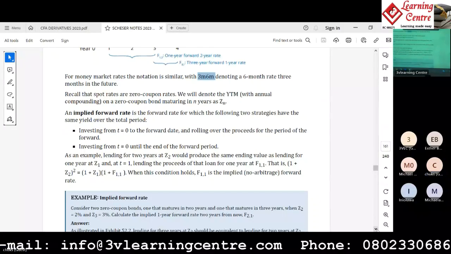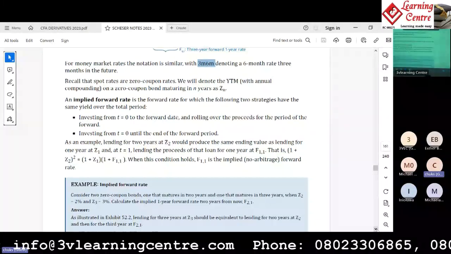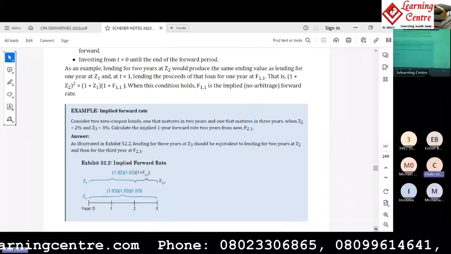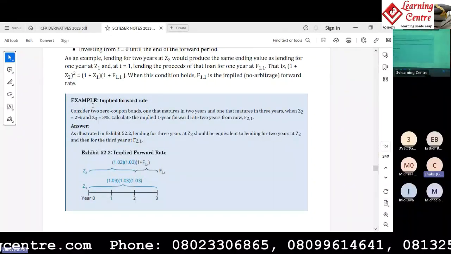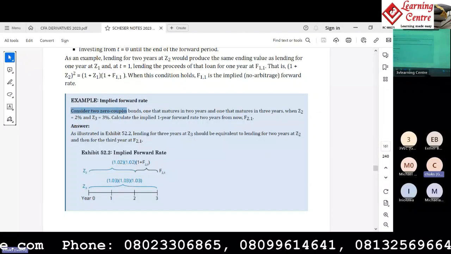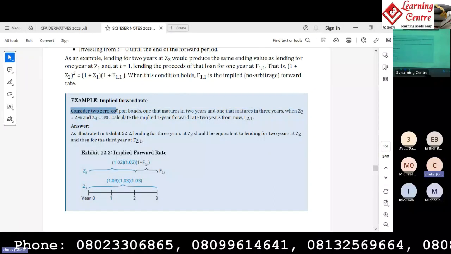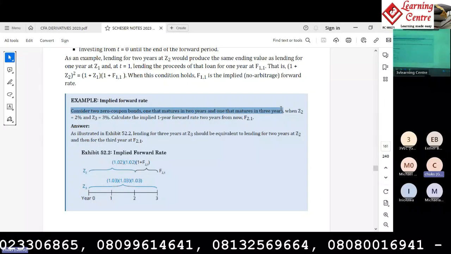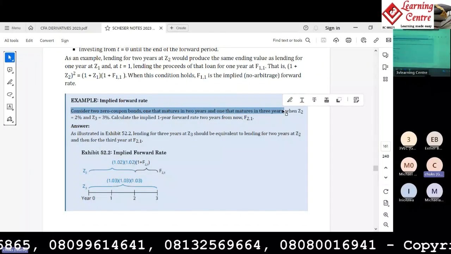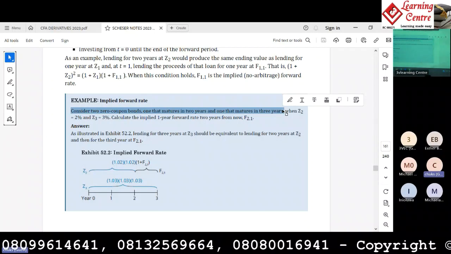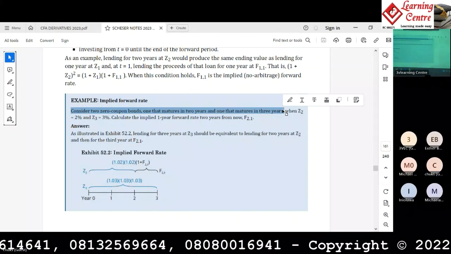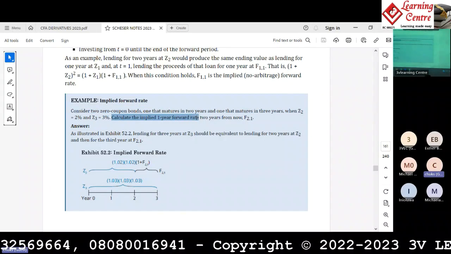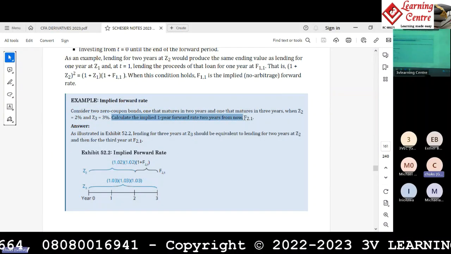Now there's something called implied forward rates. This is just a quick example. Consider a 2-year zero coupon bond, one that matures in 2 years, and one that matures in 3 years. So you have two zero coupon bonds. One matures in 2 years, one matures in 3 years. Calculate the 1-year forward rate 2 years from now.